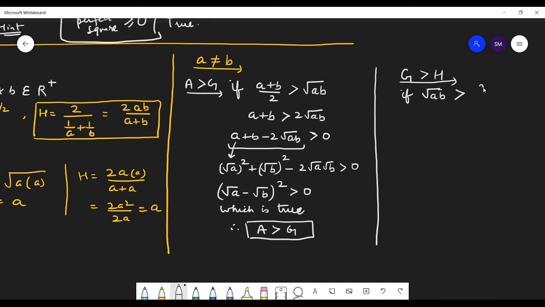So 2ab upon a plus b. Very good. 2ab upon a plus b, or that is 2 upon 1 by a plus 1 by b, and from this we get this. Very good, Anshita.